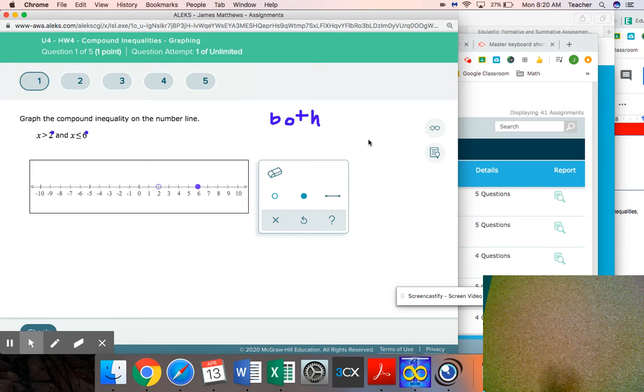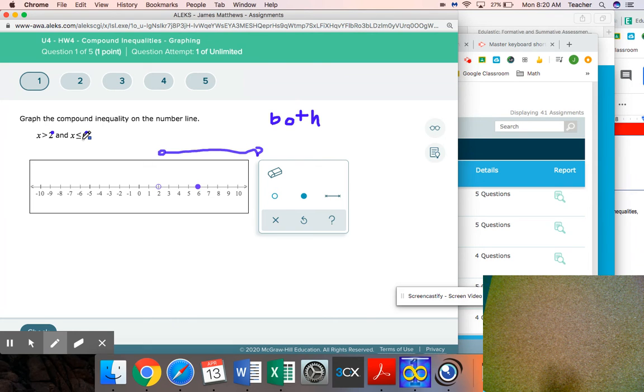All right. So let me escape from that. Now, since it's an and situation, that's a dead giveaway that you're going to shade in between. But let me do the long route. Let me use my information here. All of my x's are going to be greater than 2. So up here, I'm going to have an open circle, and I'm going to look for all of the things greater than 2.